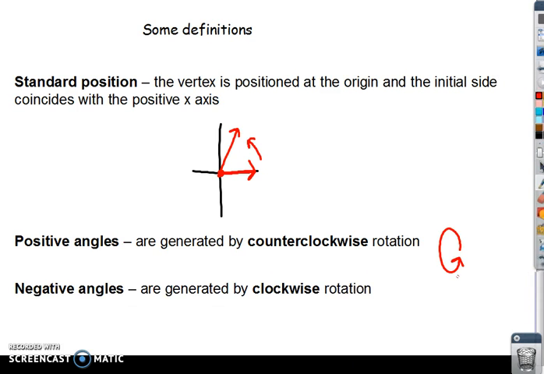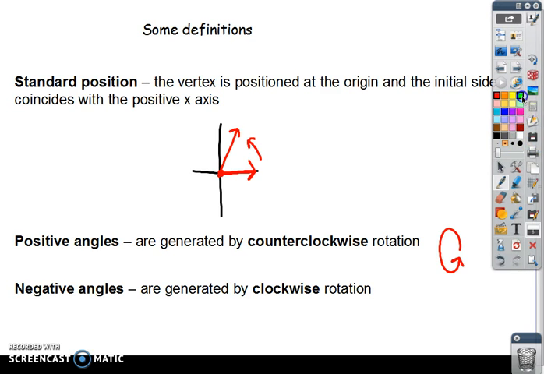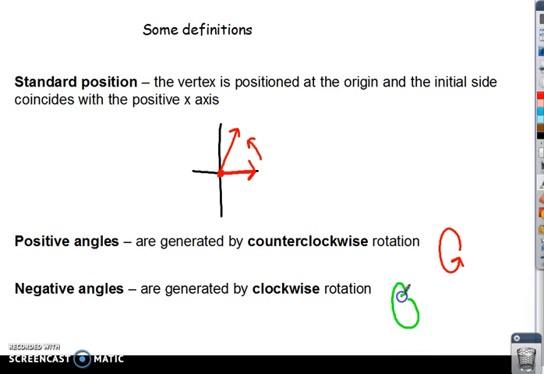Conversely, negative angles are generated by clockwise rotation, which would be like this. So here, to generate a negative angle on this original problem, I simply go around like that. That would generate a negative angle. Think opening up for positive, and flipping downward for negatives.